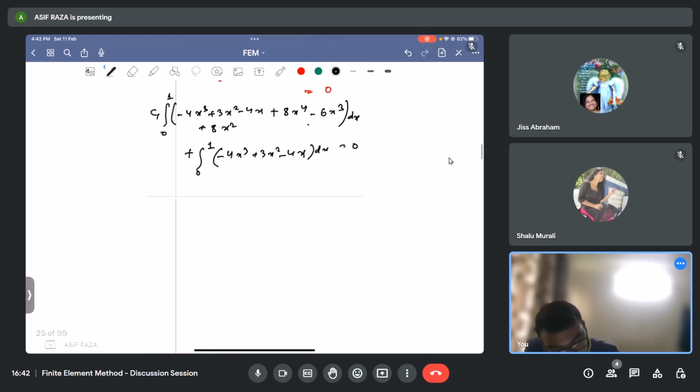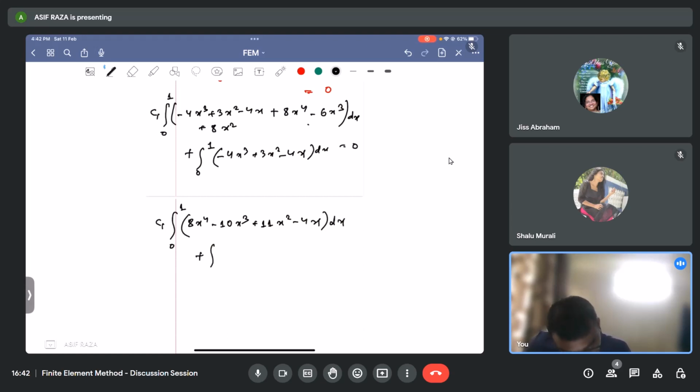So simplify it. c1, 0 to 1, 8x4, then x cube is minus 10x cube, x square is 11, minus 4x, right, dx plus 0 to 1 minus 4x cube plus 3x square minus 4x dx equal to 0.